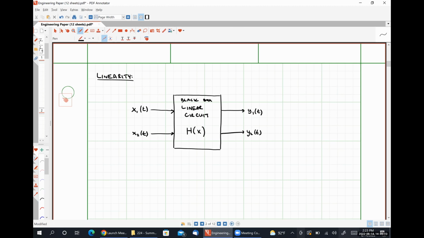So if my system is linear, then my system response must satisfy the following equation.